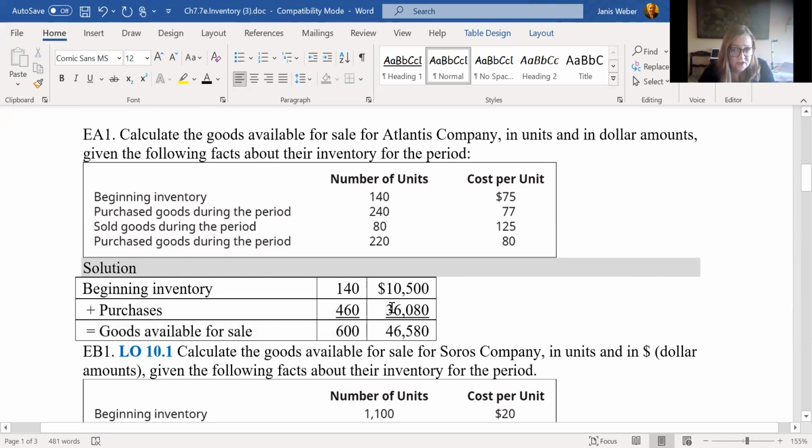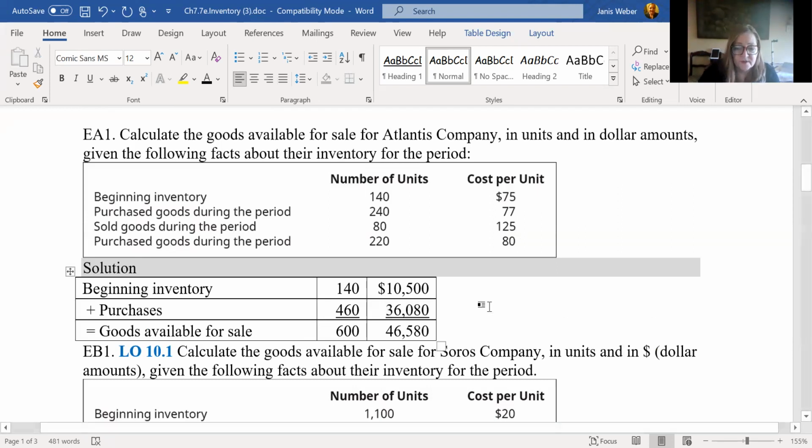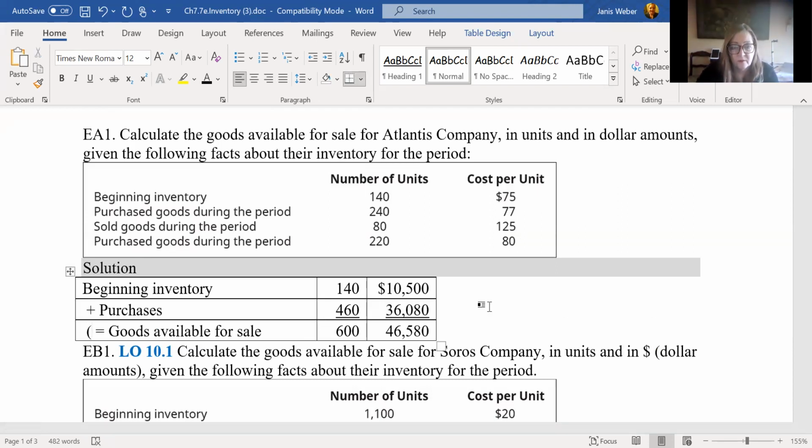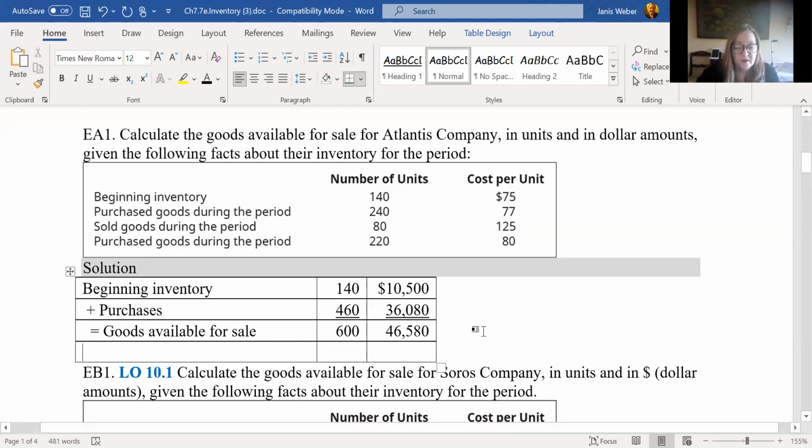So what they've done is added together the calculations of those two. If you take 240 times 77, you're going to come up to, I did it, 18,480. I'll put that right under it.